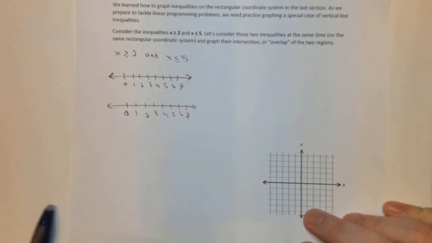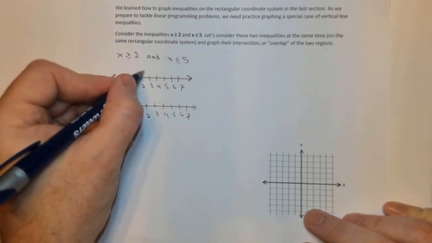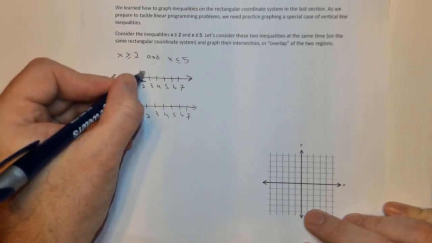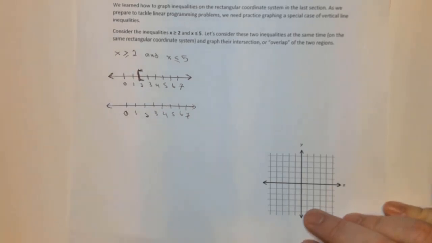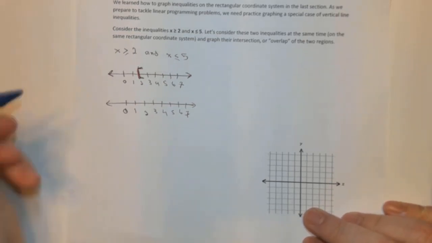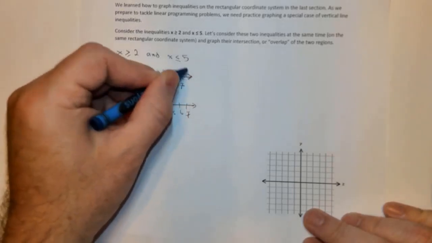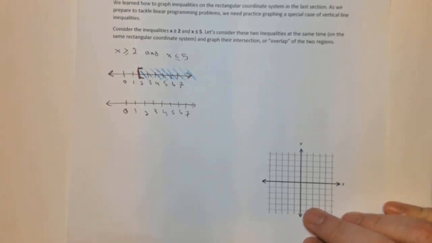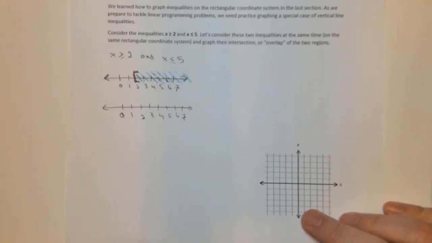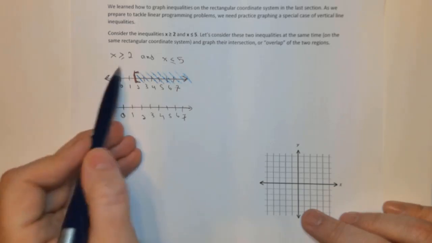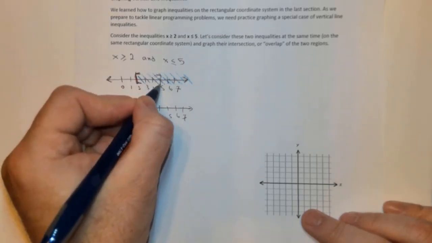So, x is greater than or equal to 2. Because it's greater than, we use a bracket. So I'm going to shade to the right. Now notice I'm using hash marks in one direction, and that's because I'm looking for the overlap. So when I go the other direction, I'll do different hash marks. Okay, that's x is greater than or equal to 2. x is less than or equal to 5.